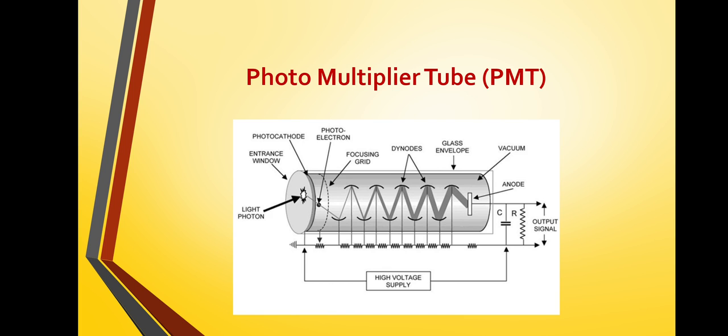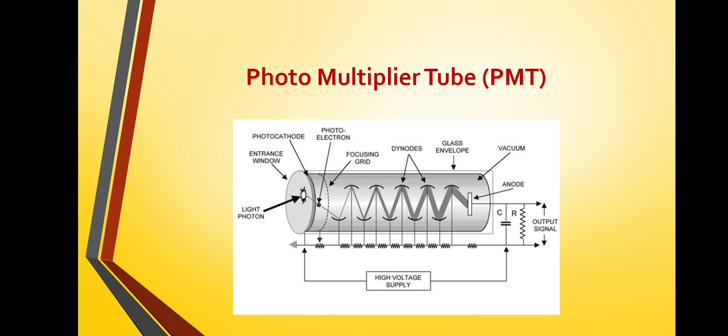Those electrons reach the dynodes, and from the first dynode they pass to the second, then the third.